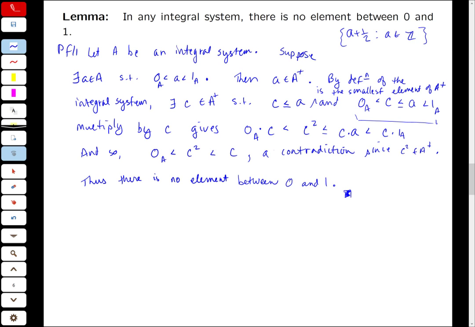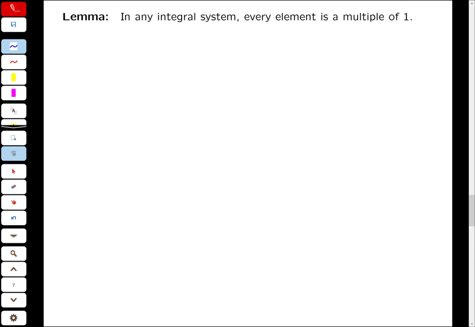There's no integer value between 0 and 1 on the integers. In any integral system, every element is a multiple of 1. This is the theorem I was looking for last week, on Thursday. In any integral system, every element is a multiple of 1.